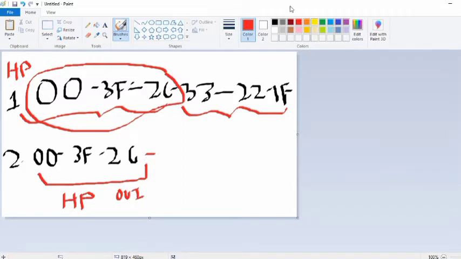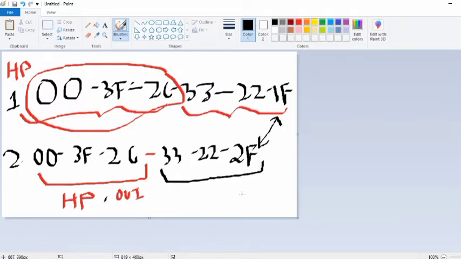Now what if I have to assign a different MAC address? I can keep it the same, let's say 33, I can keep it 22, and I can make a small change here. Let's say I make it 2F. Earlier it was 1F, so from 1F it changed to 2F. This belongs to the next device.